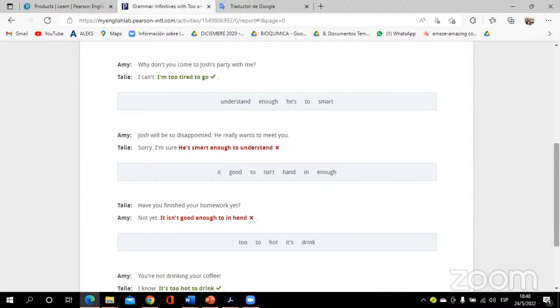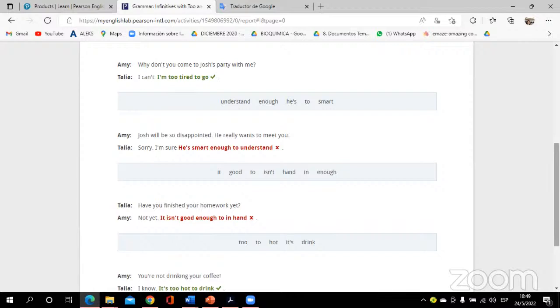En este caso, for example, because we are starting with a capital letter, with I'm. And so it's necessary to continue with the lowercase letter, right? So he's smart enough to understand, it's great. Everything is great, but the capital letter doesn't correspond there.